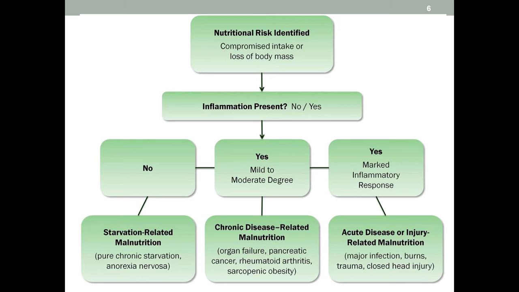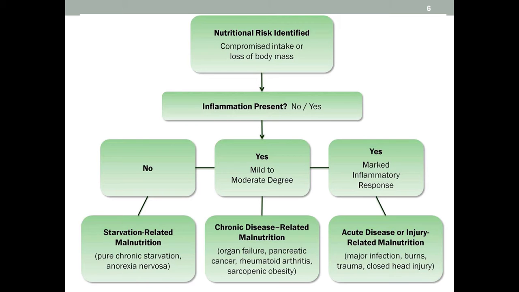It'll automatically alert us to a consult through the electronic healthcare record. Or if the nurse or doctor thinks that they're at risk and maybe they didn't quite make those things to check off on, they'll go ahead and order a dietitian consult for us to come see the patient.